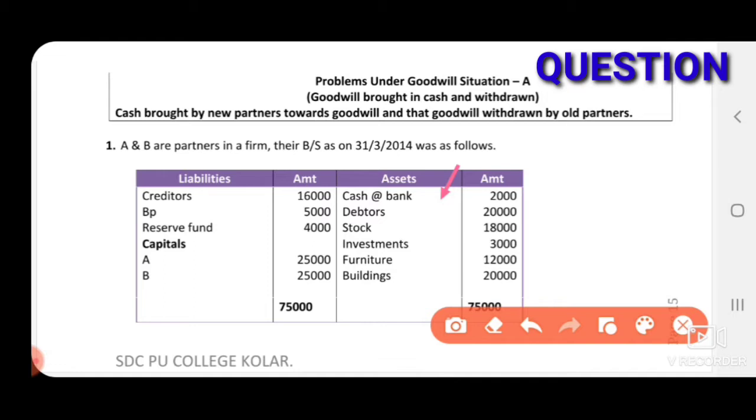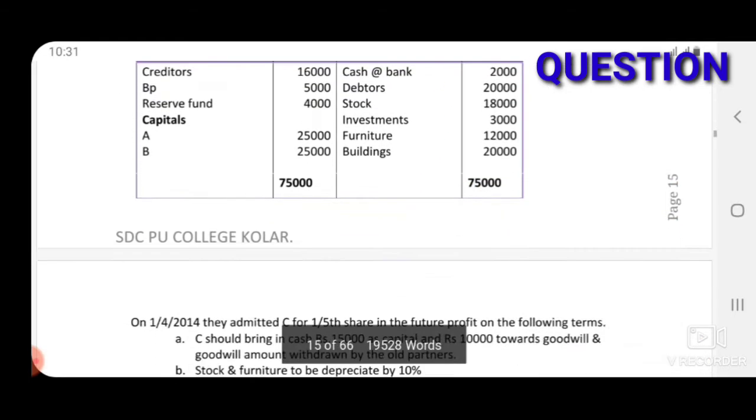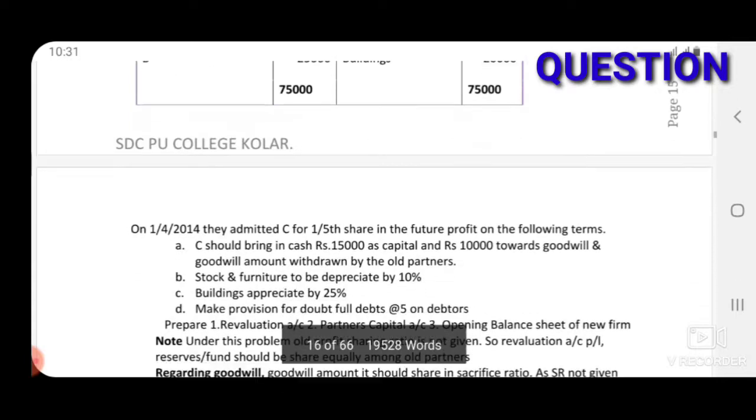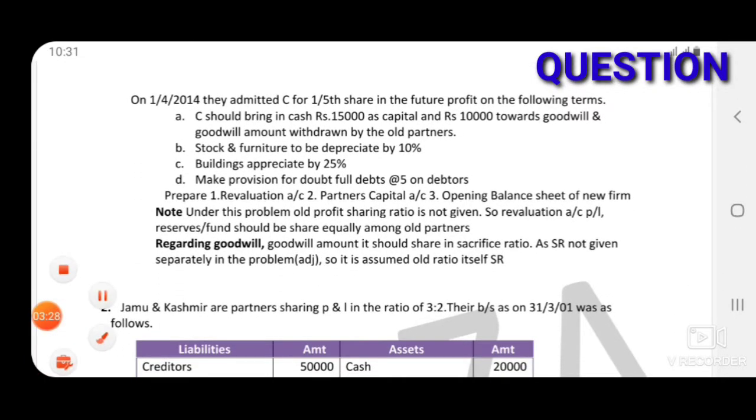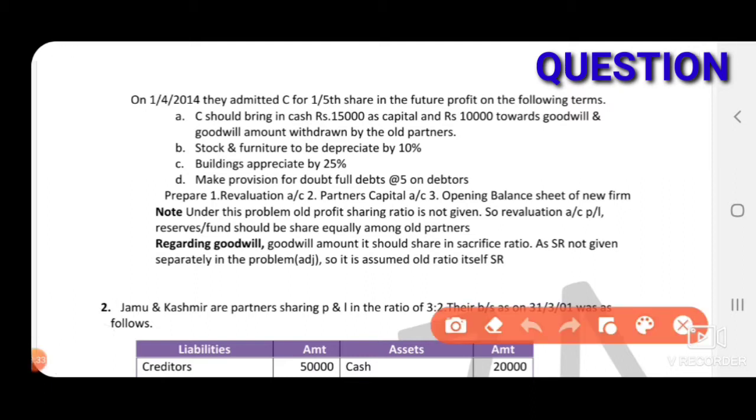Now come to the additional information. Additional information means these are the adjustments.